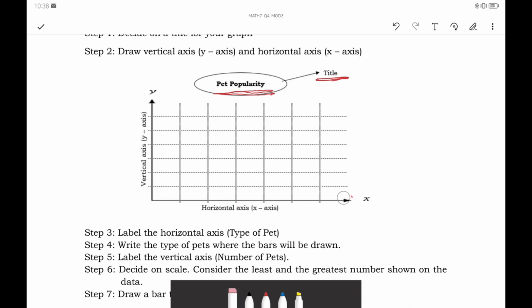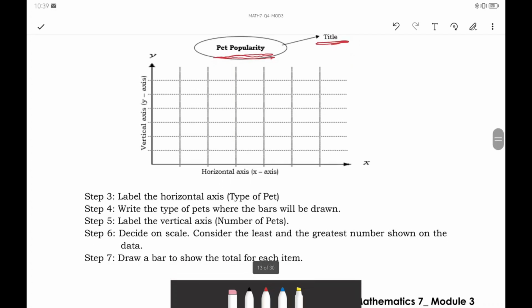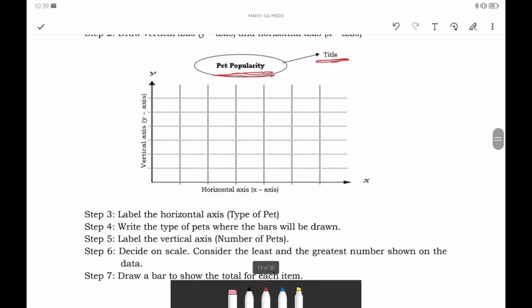Now, step number 3, draw and label the axis. We have here the horizontal axis. So the horizontal axis, we can label this as type of pet. Now write the type of pets where the bars will be drawn.